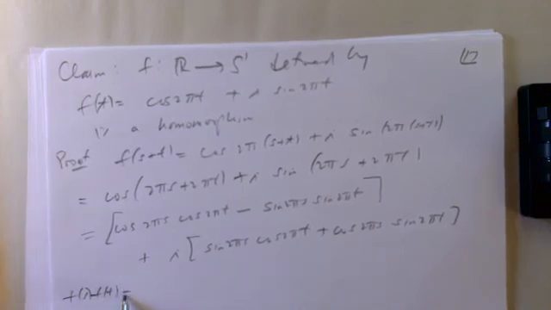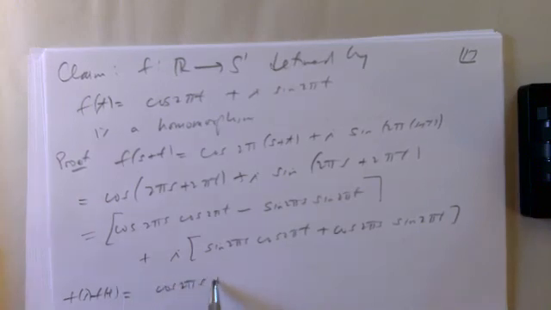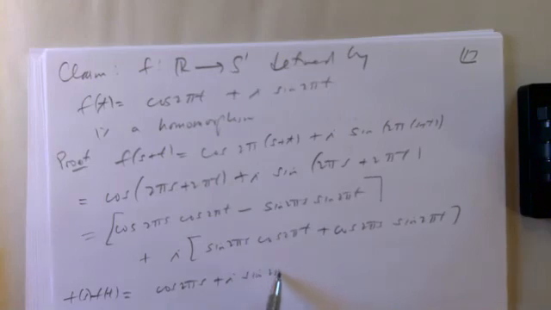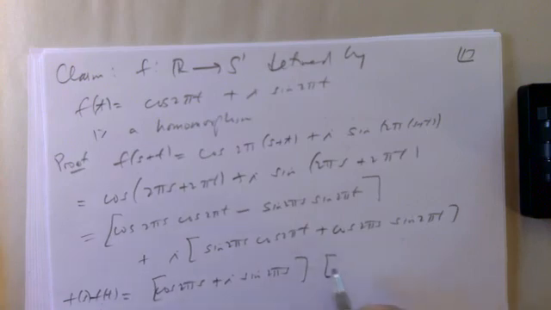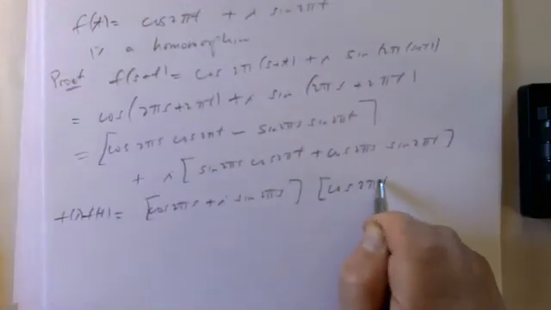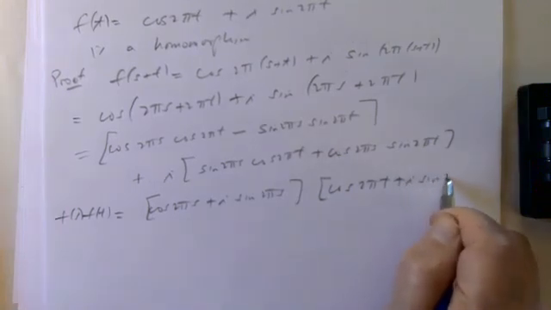What is f of s times f of t? Well, f of s is the cosine of 2 pi s plus i times the sine of 2 pi s. And I'm multiplying that by f of t, which is the cosine of 2 pi t plus i times the sine of 2 pi t.